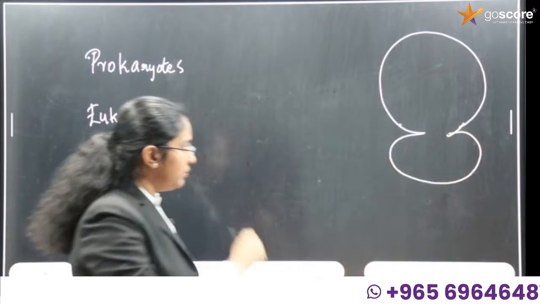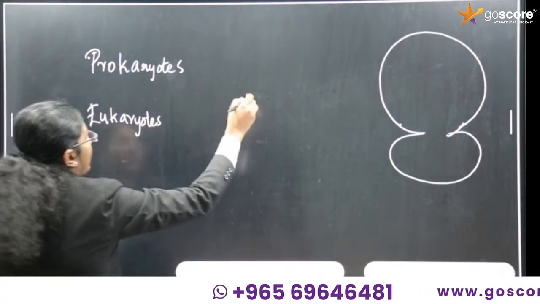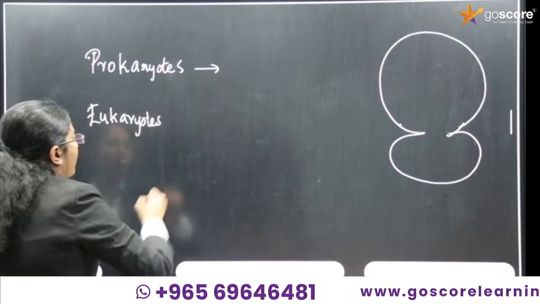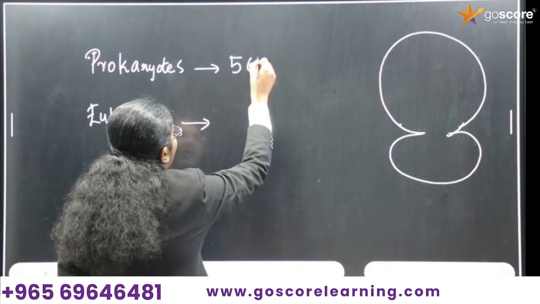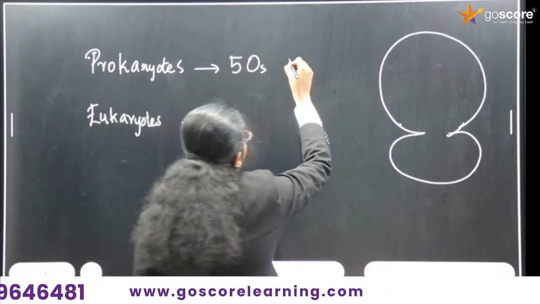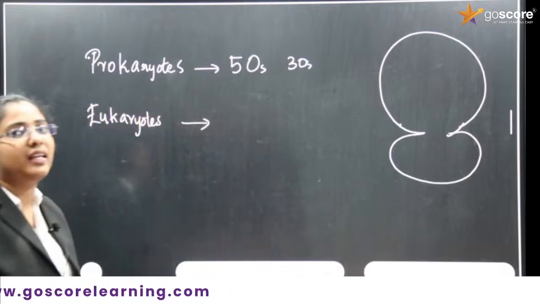For prokaryotes, the ribosomal subunits are the 50S subunit and the 30S subunit.